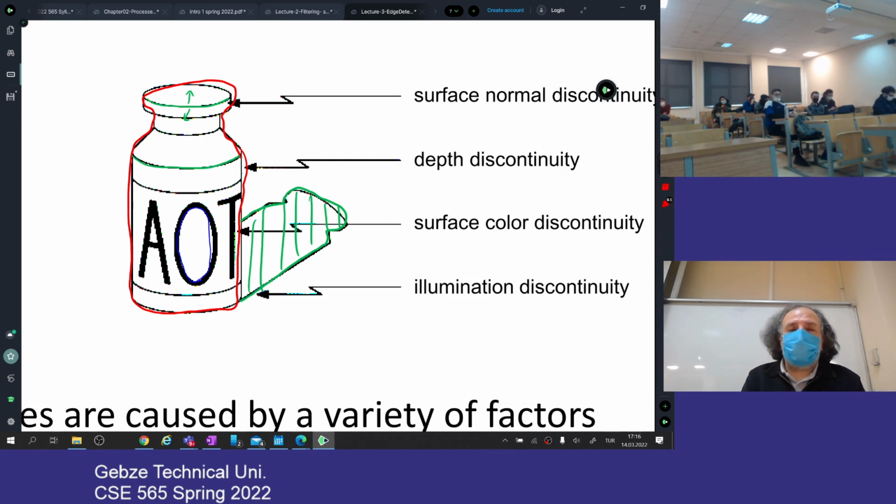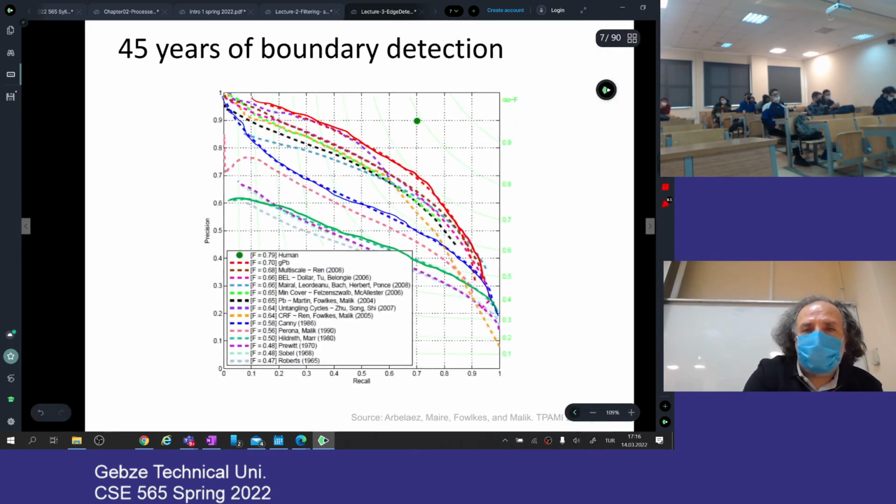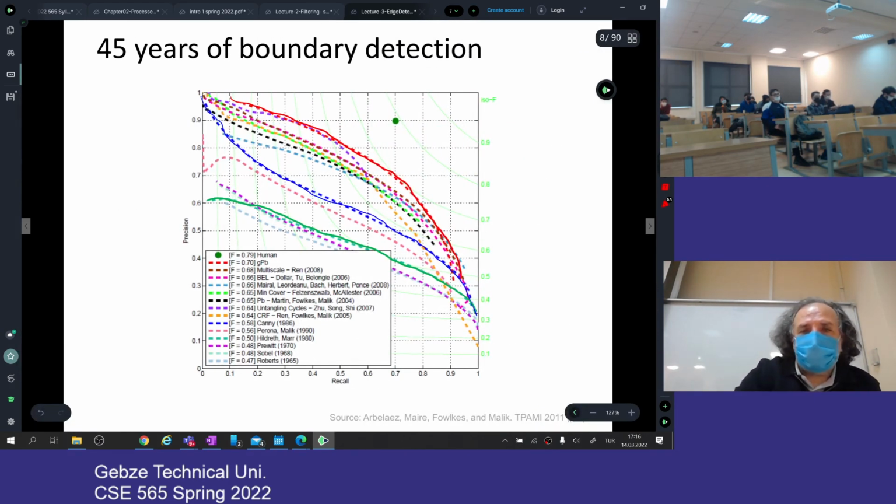No, it won't happen, because there will be many other things that correspond to edges in the images that are different from the object borders. So keep this in mind when we do the edge detection.